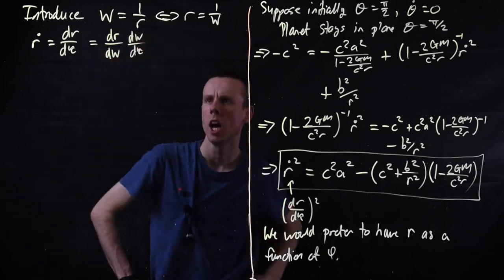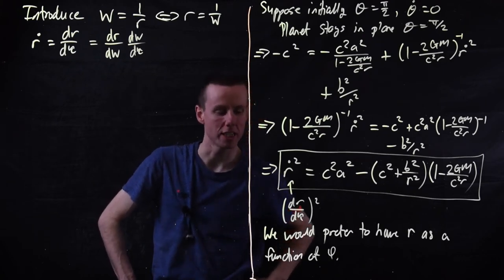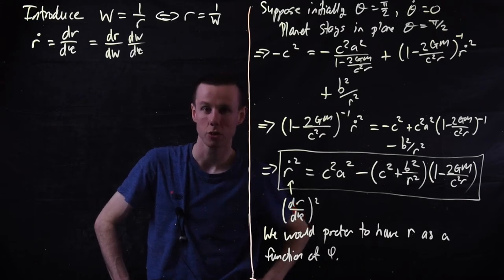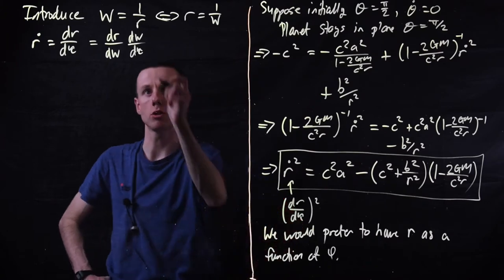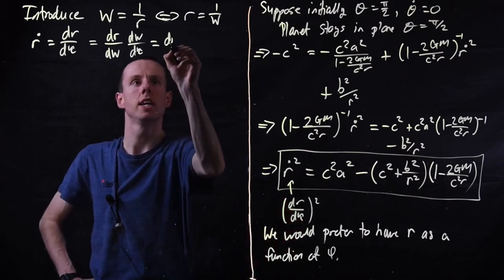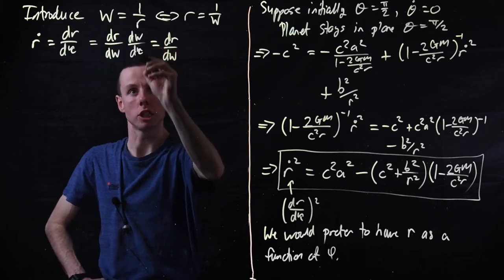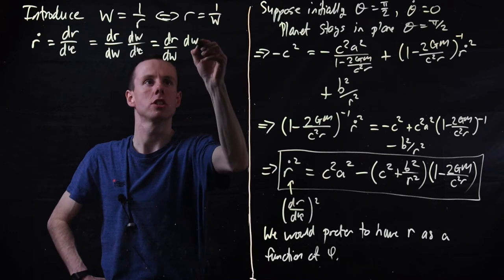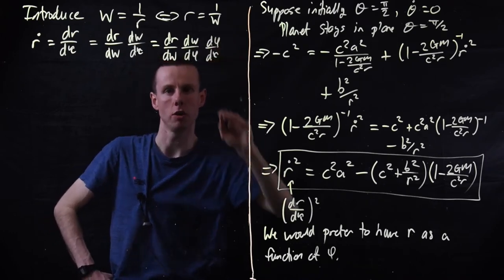But actually, what we want at the end of the day is r as a function of phi, radius as a function of angle. So we will do one more step. We will have dr dw, and then use the chain rule on dw d tau and have this as dw d phi times d phi d tau.